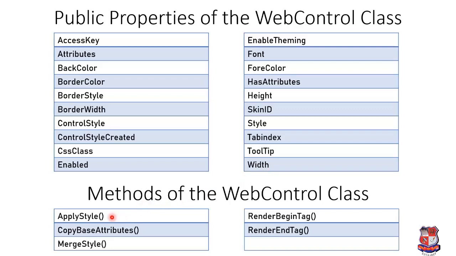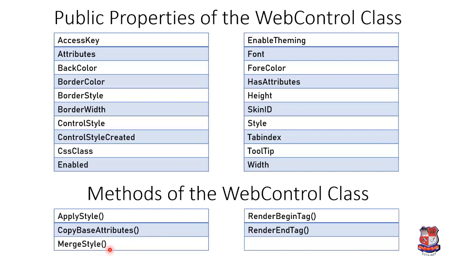First is the ApplyStyle method. It is used to copy any non-blank element of the specified style to the web control. Next is CopyBaseAttributes. It is used to copy the properties that are not encapsulated by the Style object from the specified web server control to the web server control that this method is called from.